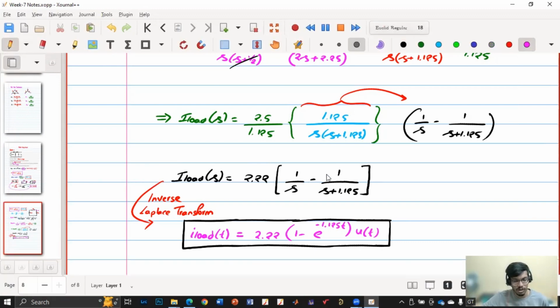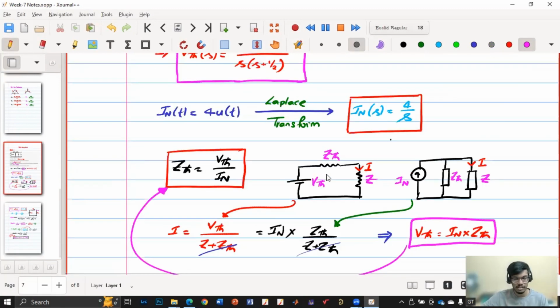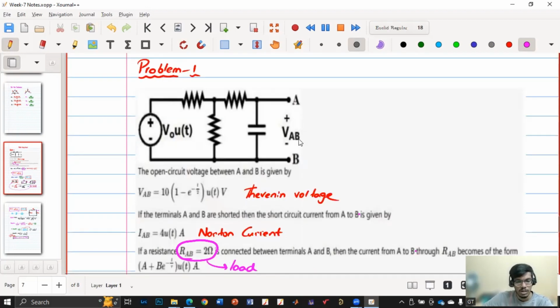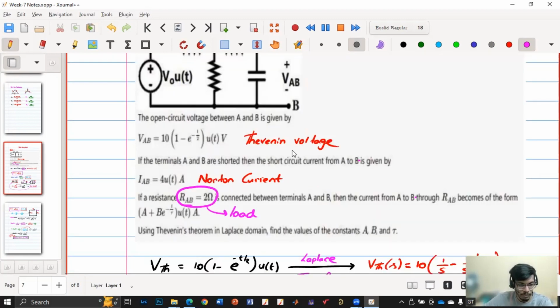So that's how we use Thevenin's theorem. If we see, they have not given any information about this RC, whatever, but they have given some information that VAB is Thevenin voltage when the load is removed, and the current through this when this is shorted is Norton current. So they have given Thevenin voltage in time domain, Norton current in time domain, and they have given load and they are asking RAB.